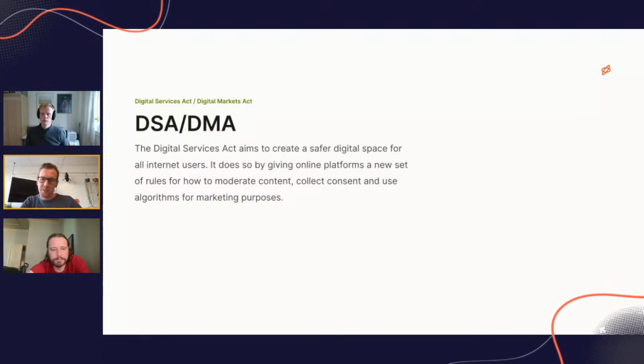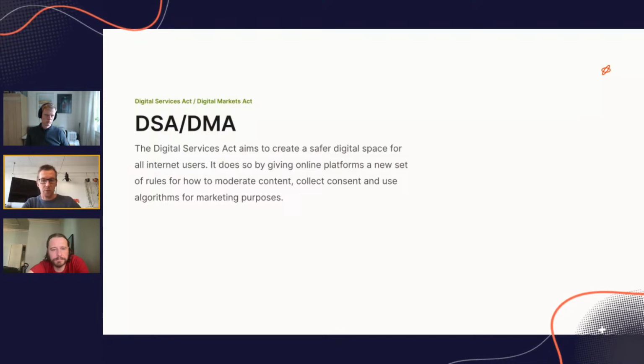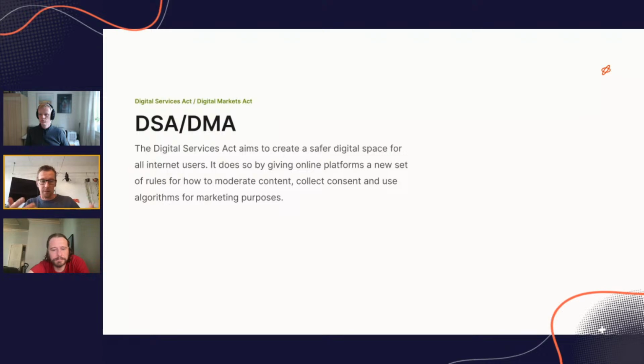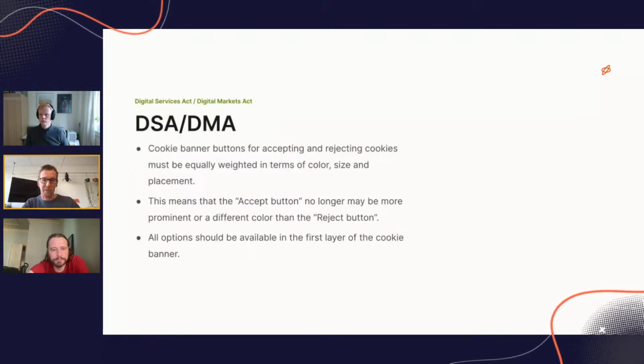So the Digital Services Act aims to create a safer digital space for all internet users by giving online platforms a new set of rules. So what they did with these laws is come up with a set of rules that makes the internet more transparent and more fair. One of those things in there applies to cookie banners.